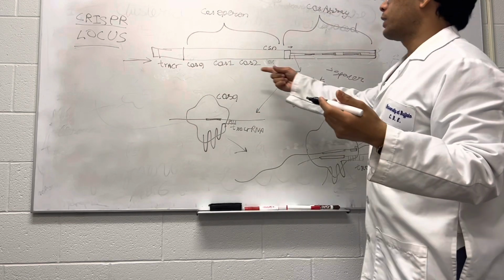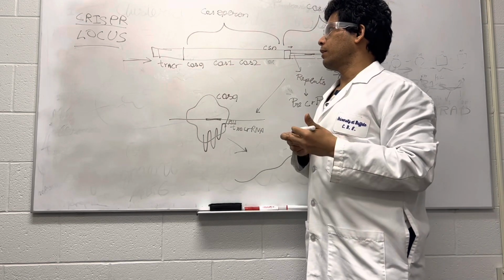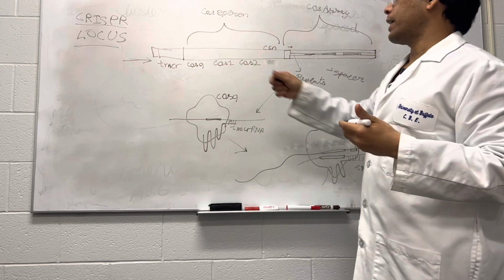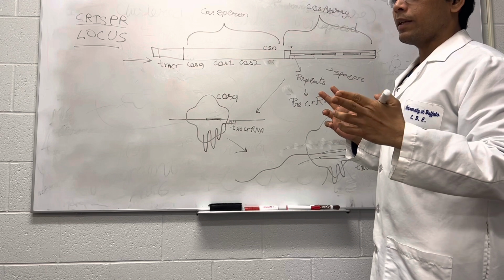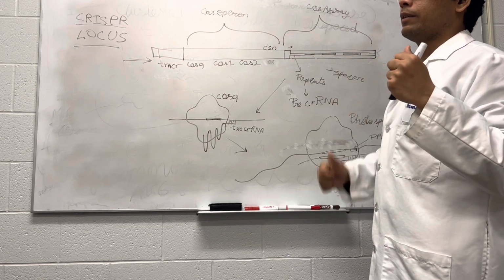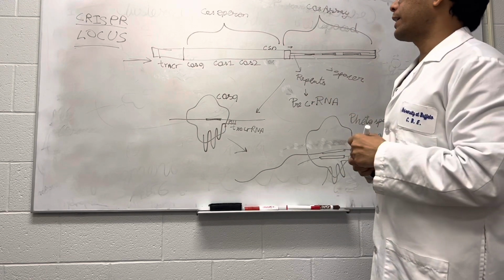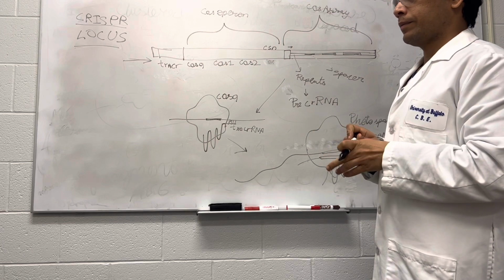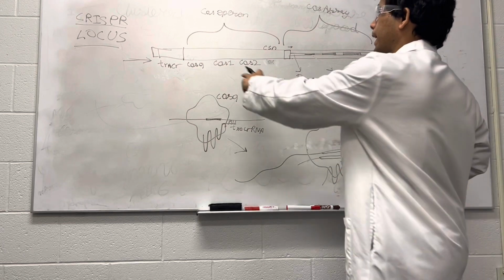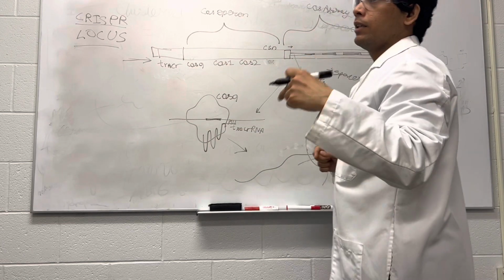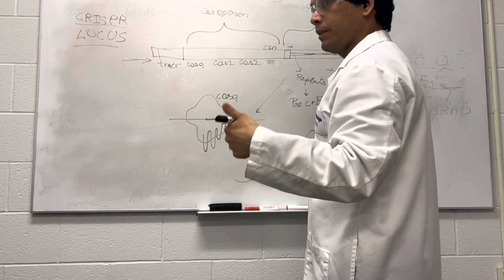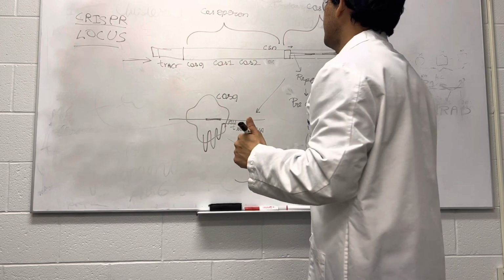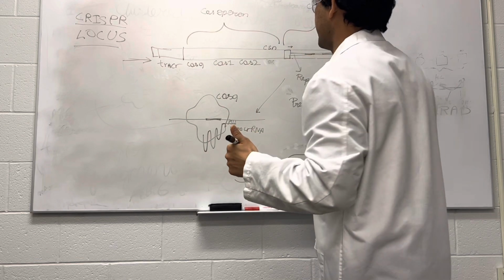We know the function of these three from the previous videos: Cas1 and Cas2 help in cutting the foreign DNA that comes into the system for the first time, and Cas9 helps in detecting if the same DNA again enters the cell and deactivating that DNA.